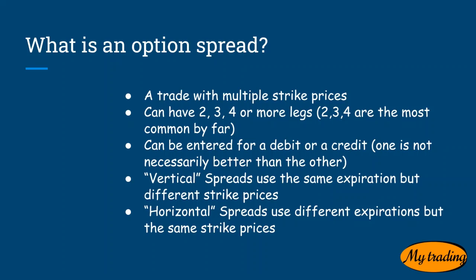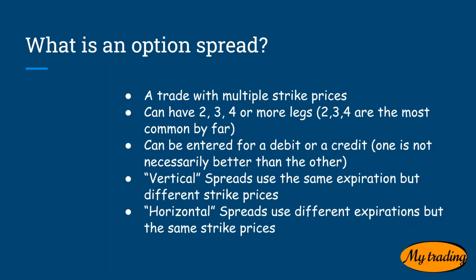Historically especially, option chains were laid out with the different expiration dates going right to left. So if I chose a strike price from one, and then chose a different expiration date for the other strike price, that would be horizontal.